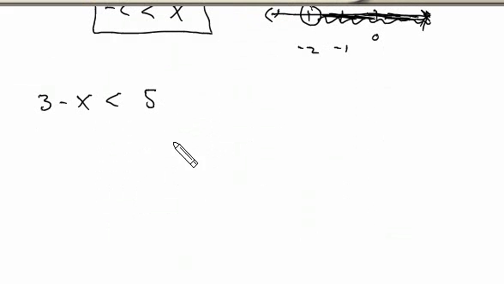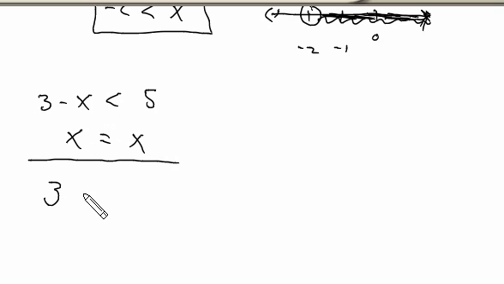Let's do it again in another way without resorting to that measure of multiplying by a negative number. In this solution, let's add x to both sides. Adding x to the left-hand side will cancel out that minus x there. x minus x is 0, so we get 3.